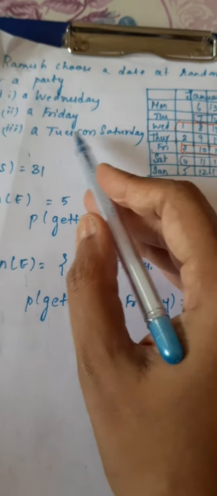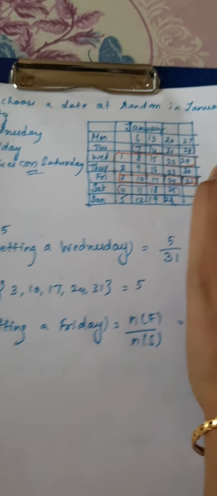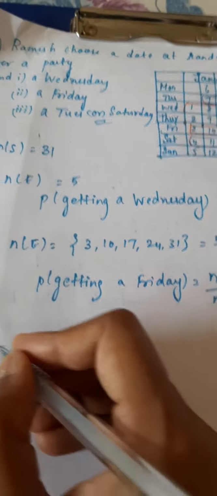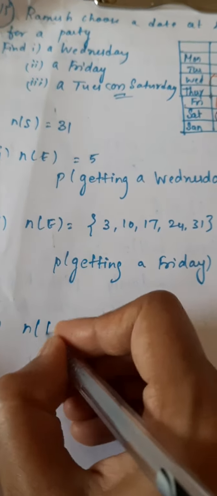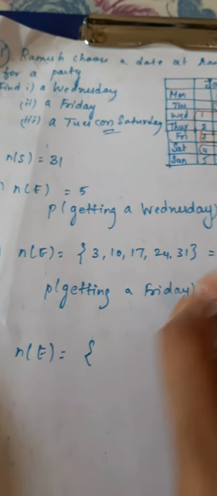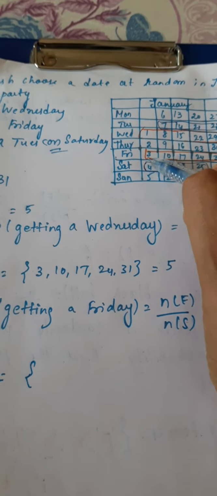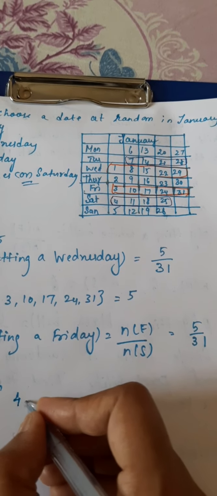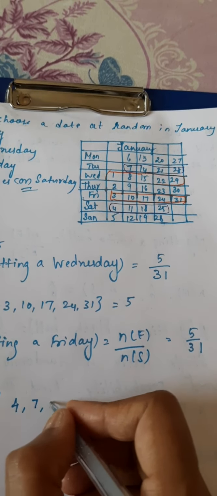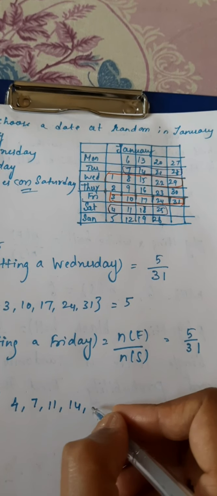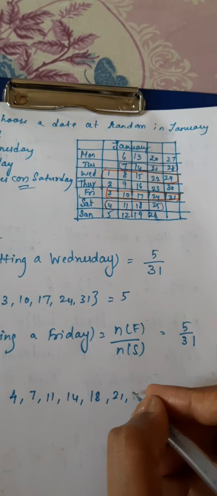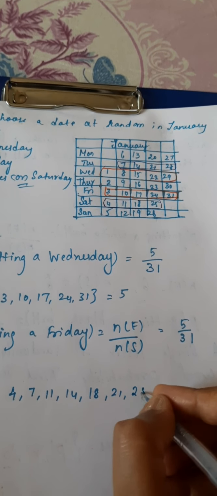Next, the probability of getting a Tuesday or a Saturday. OR means we need to include both combinations, Tuesdays as well as Saturdays. There are 4 Tuesdays and 4 Saturdays. So we can list them out. N of E is equal to 4th, 7th, 11th, 14th, then 18th, 21st, 25th, and 28th.